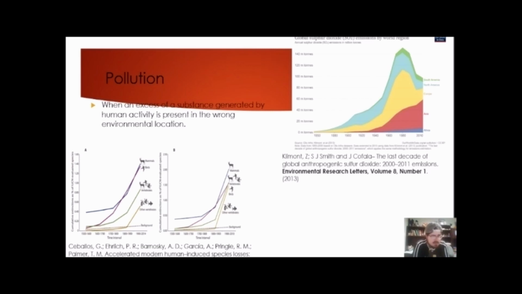So to get to a standard definition, we need to agree on some facts. We're going to say pollution is when an excess of a substance, which must be generated by human activity, is present in the wrong environmental location. So this is not precise. It's not scientifically rigorous, but it's the definition we will work with.